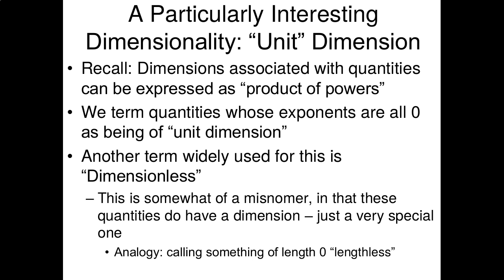Why are these quantities so important? Because in modeling, we are trying to characterize processes in the world. And ladies and gentlemen, the world does not change its behavior if humans adopt different unit systems. What that means is that processes in the world must be describable.